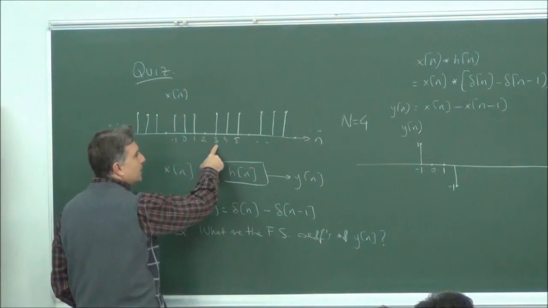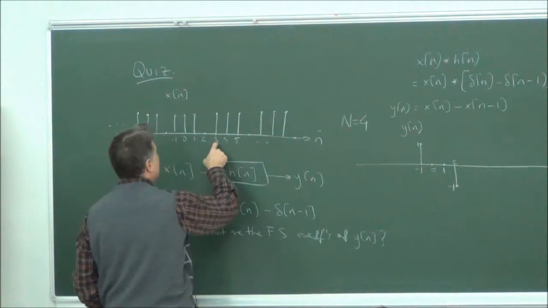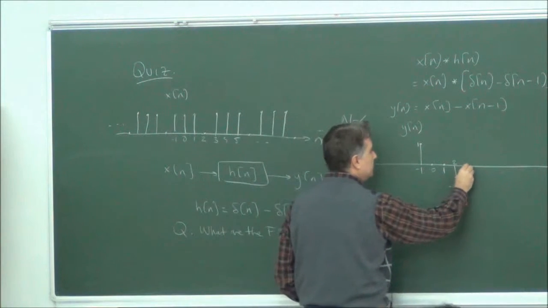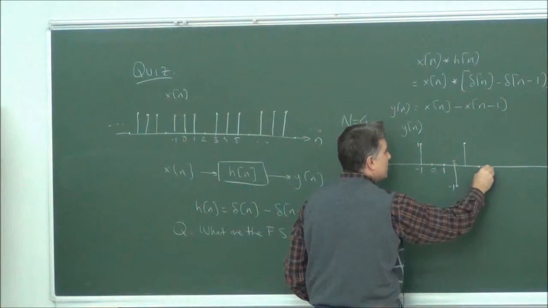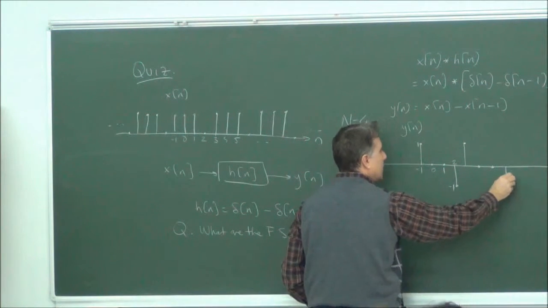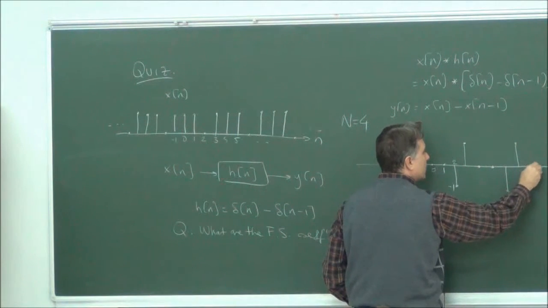And at 3, so this is at 2. At 3, again it becomes 1. And then 2 more zeros. And then minus 1. And then a 1. And 2 more zeros.